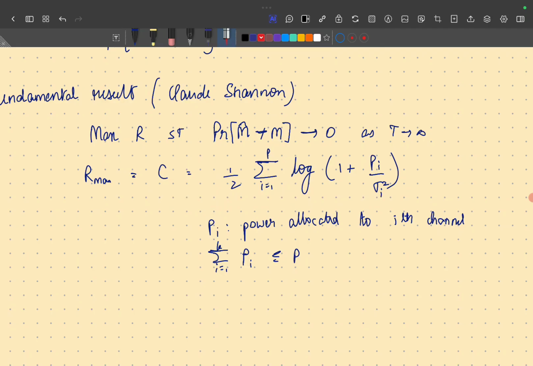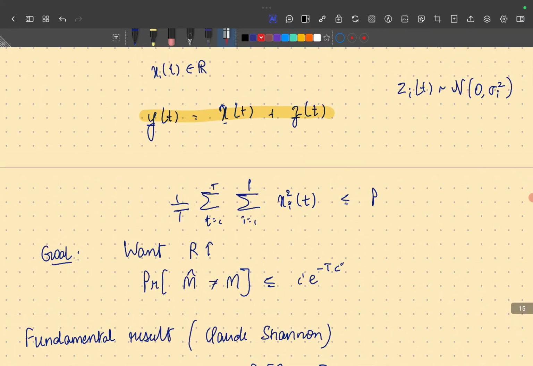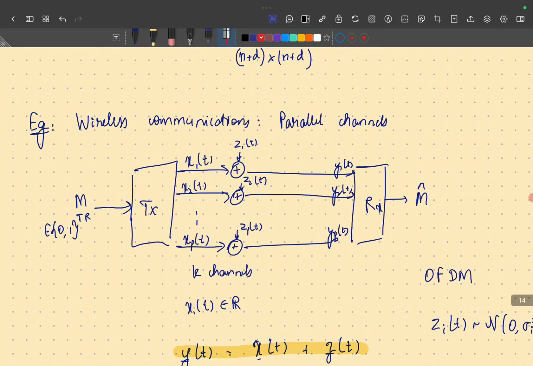Again, all of that was the physical description before, but now I've brought it down to a specific sub-problem. Basically, you're transmitting t times Ri bits in the ith subchannel.